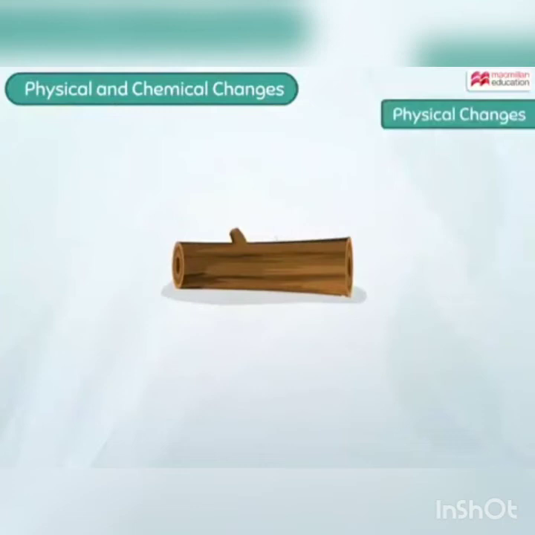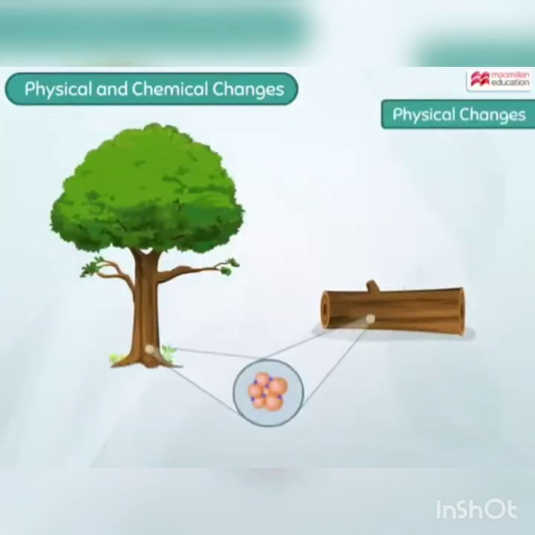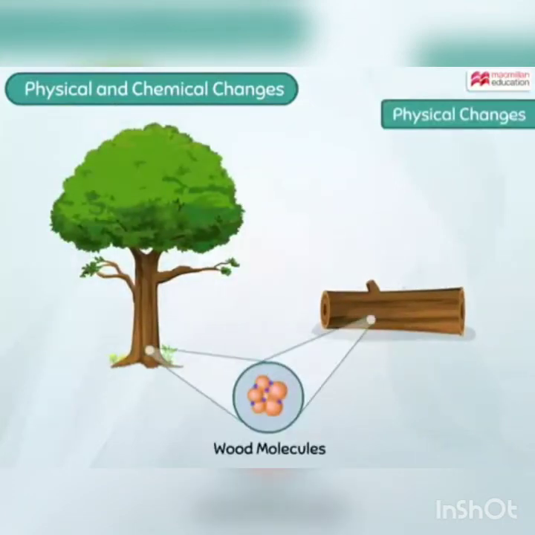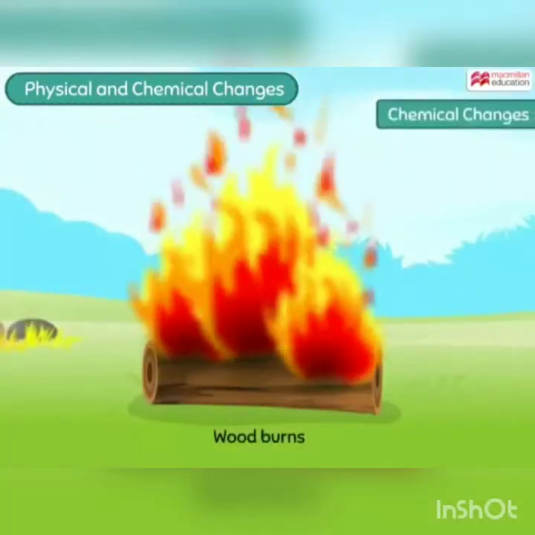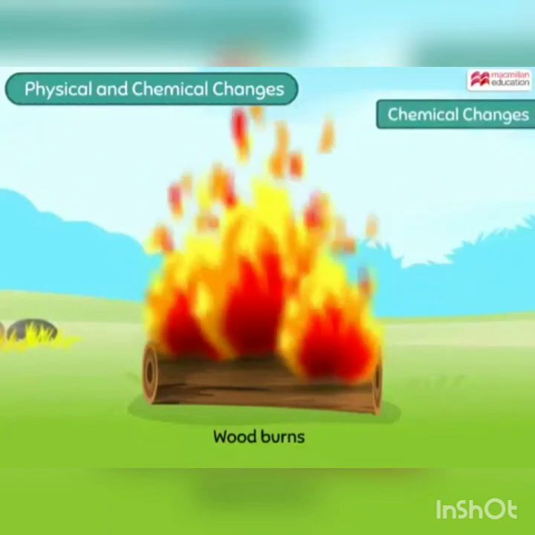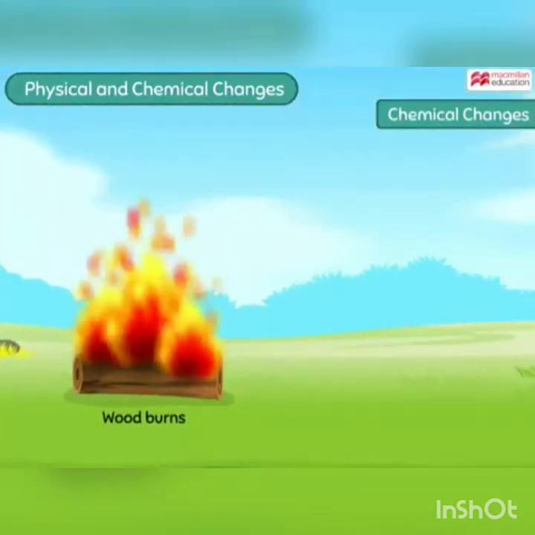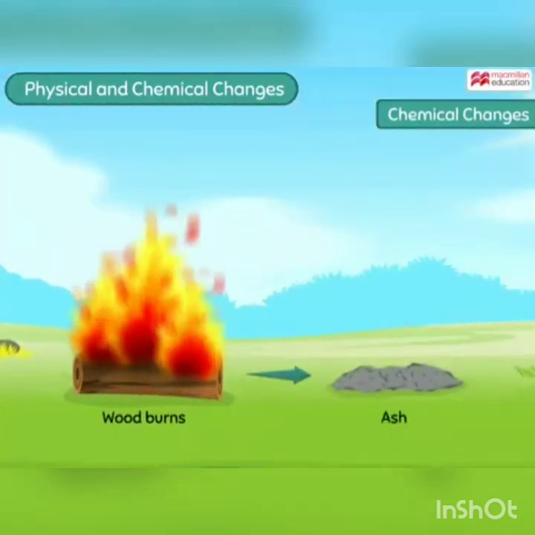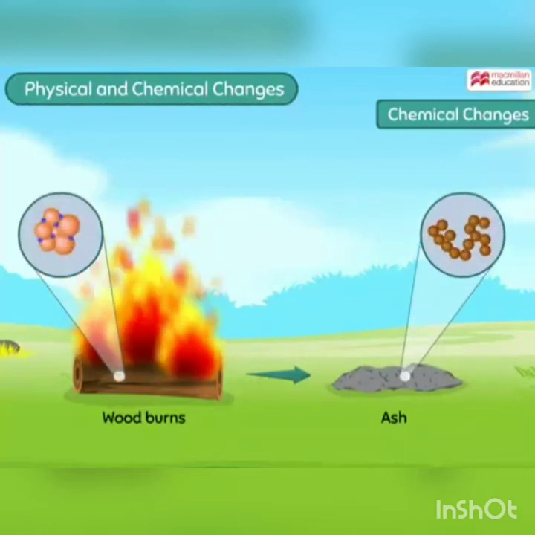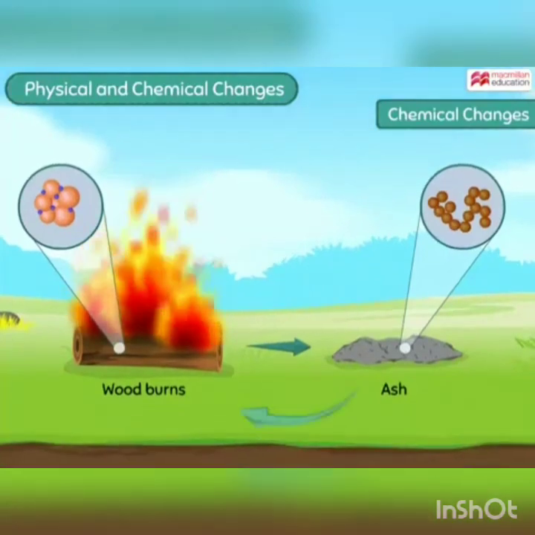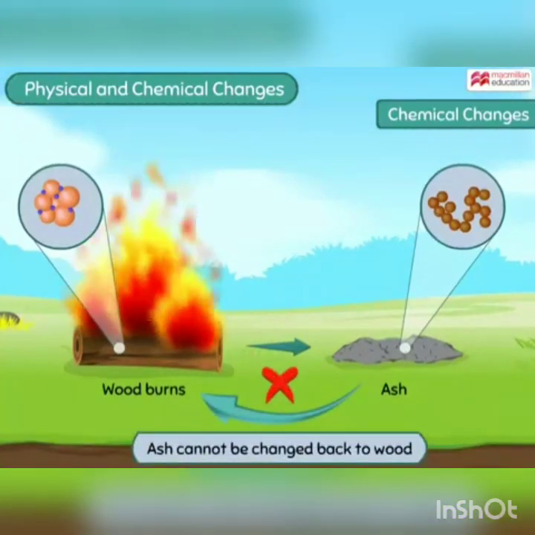Now look at this log of wood. Even after being cut from the tree, the wood remained the same. But what happens when this log of wood is set on fire? Upon burning, the wood changes into ash. Ash is a new substance which has different chemical properties than wood, and it cannot be changed back into wood again.